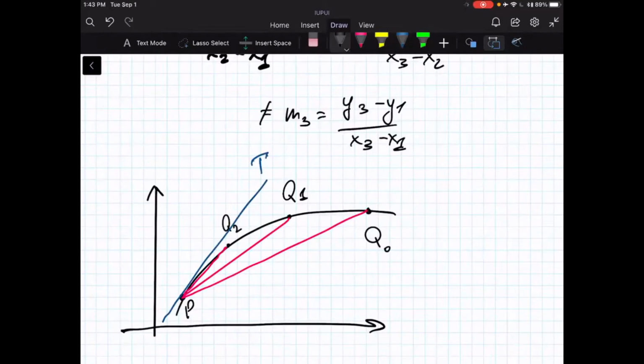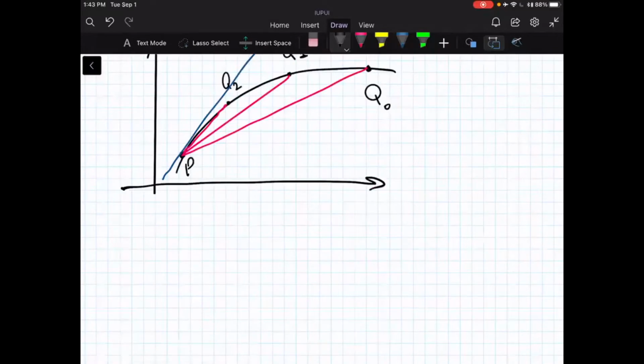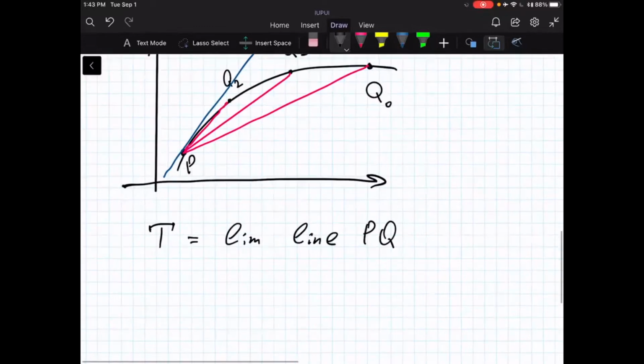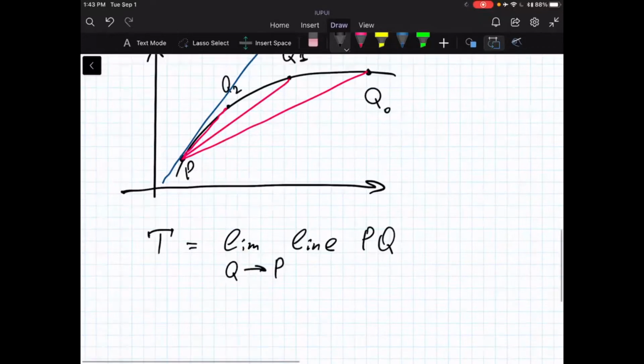And this is the definition of the tangent line. So T is a limit of the line PQ when Q goes to P. Okay.